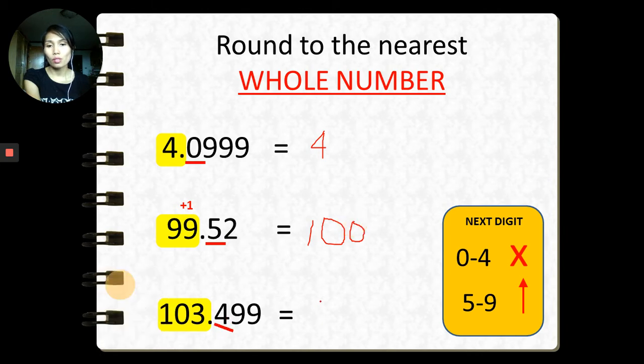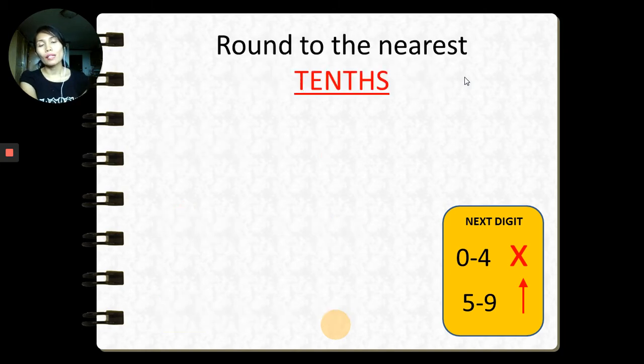So let's just write the whole number 103. So that's it. We rounded it up and down to the nearest whole number. So when we have to round off to the nearest whole number, then that means there should be no decimal points.